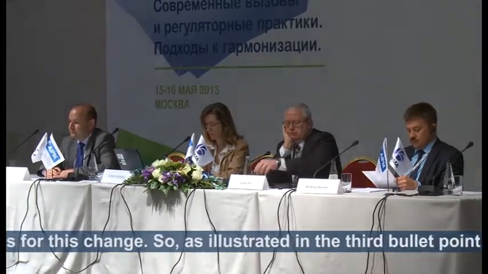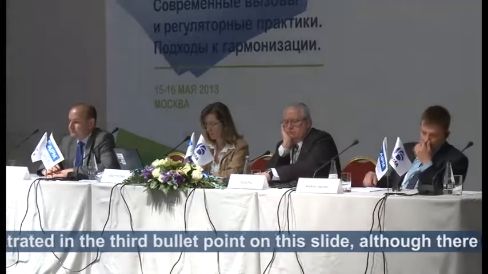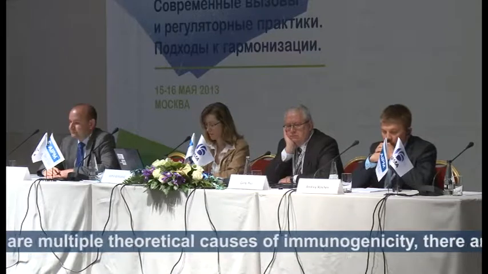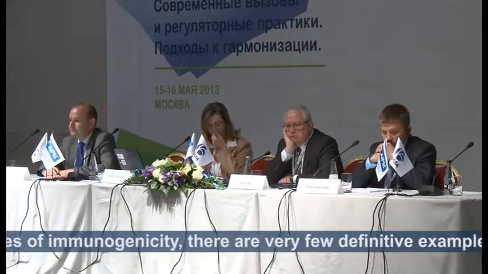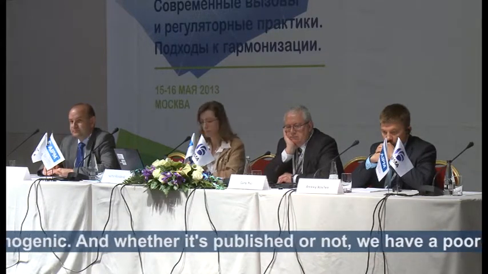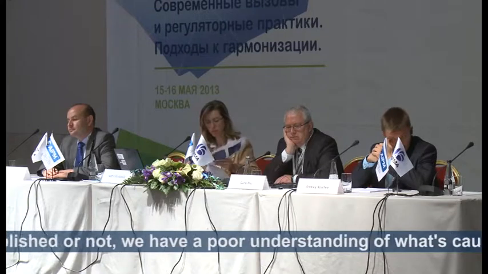So as illustrated in the third bullet point on this slide, although there are multiple theoretical causes of immunogenicity, there are very few definitive examples of why a product is immunogenic. And whether it's published or not, we really don't have a full understanding of what's causing immunogenicity in the majority of products.